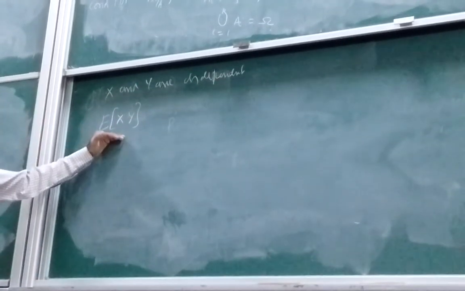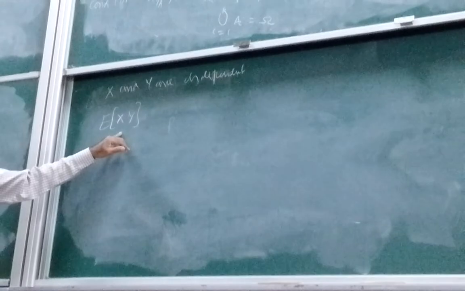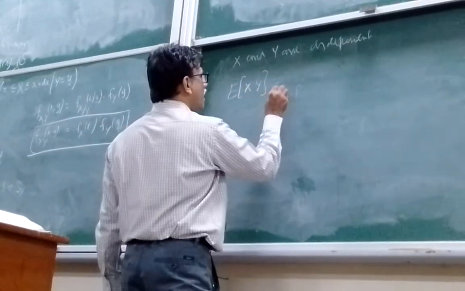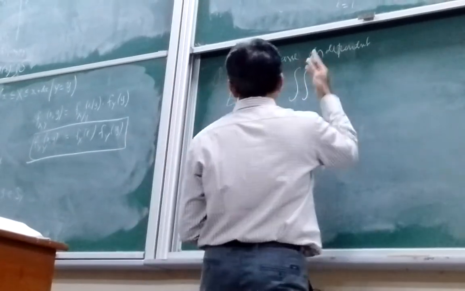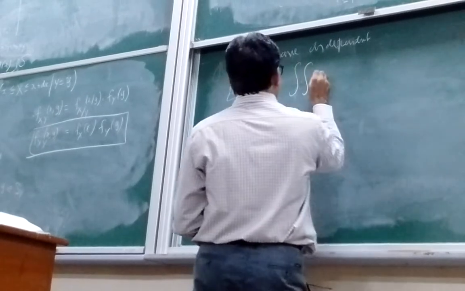If you want to find this, g(x, y) is a function of x and y, in general g of x comma y. So how do we find it? It is nothing but the integral over x and y. The ranges will depend upon the range of x, y.